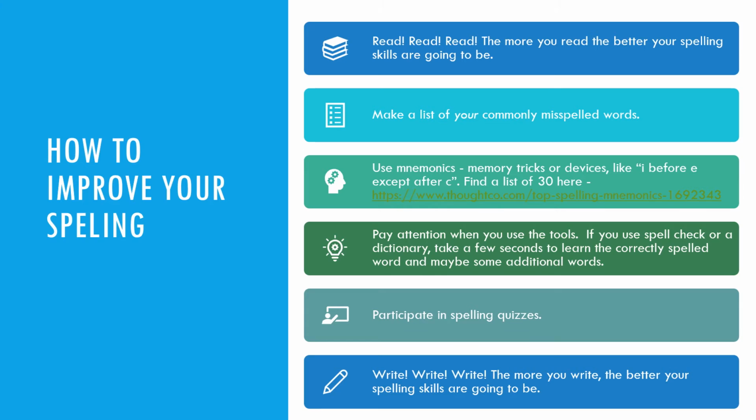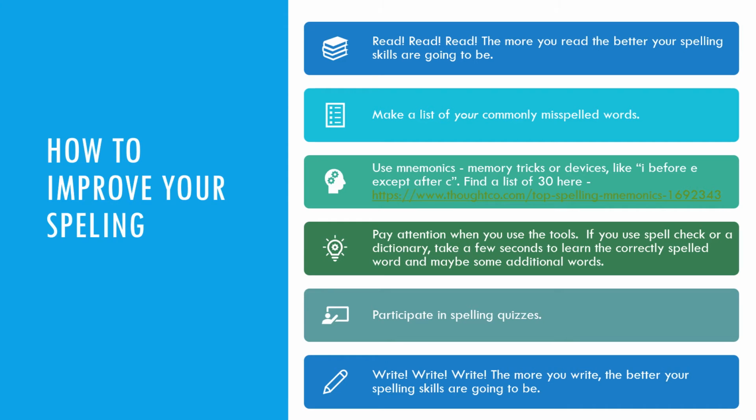The first tip is to read, read, read. The more you read, the better your spelling skills are going to be. The more you read, the more words you're going to be exposed to, the more patterns you're going to notice, and the better your spelling will be when it's your turn to put your thoughts and ideas on paper or on screen.